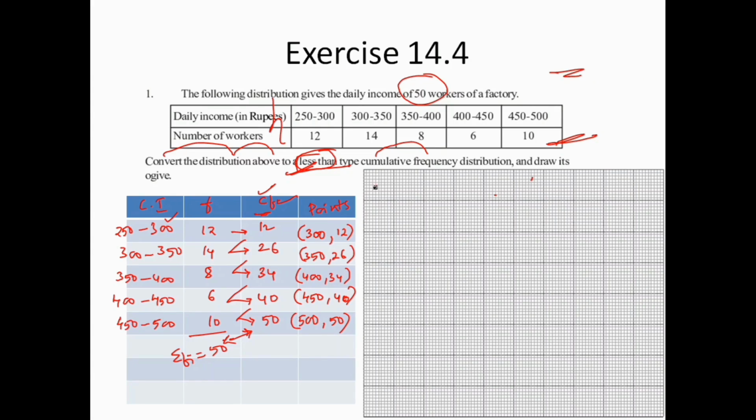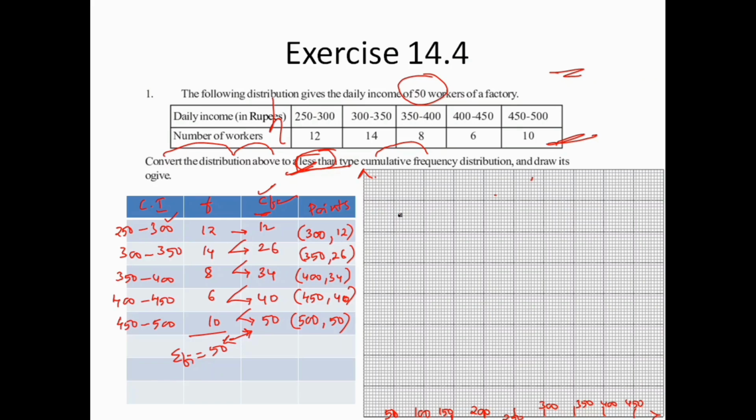As you all remember, this is your y-axis, and let me name this the x-axis. On the x-axis I am taking this value as 200, this value as 250, this value as 300, 350, 400, 450, and this last value is 500.